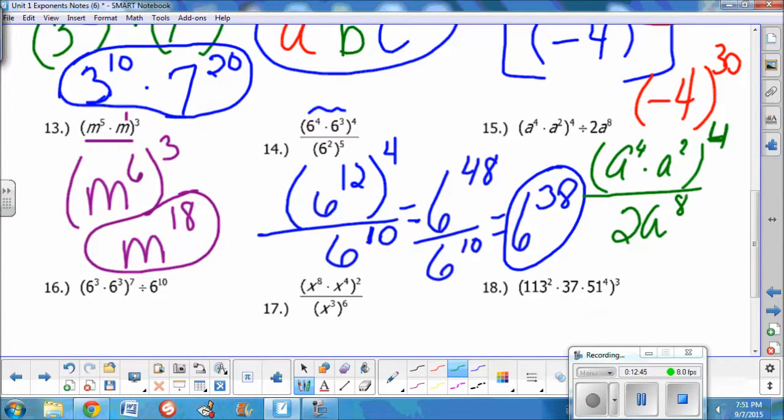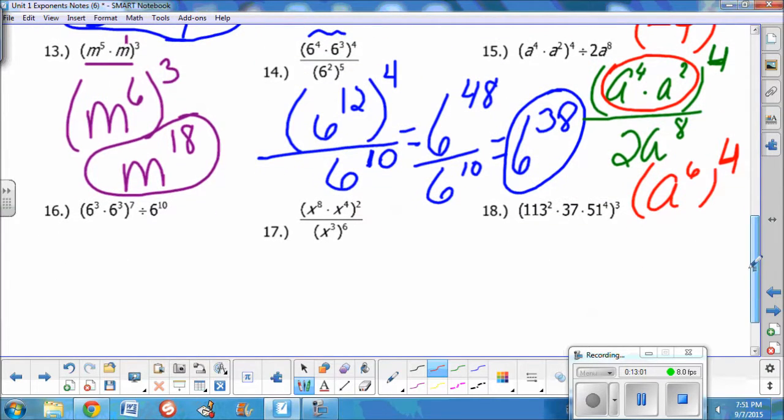So I would take what's inside those parentheses in the numerator and do that first. When you multiply, you add exponents. So we get a to the 6th, but it's still raised to the 4th power. And then the denominator, we haven't done anything with yet. 2a to the 8th stays as is.